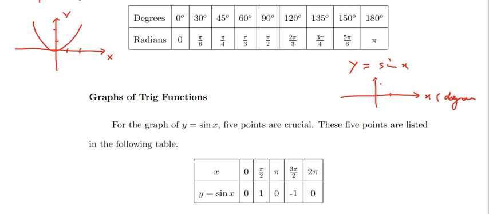Here's 180 degrees, here's 1. Then this graph and the graph of y equals x squared do not have the same coordinates. So we prefer to unify them. We regard trigonometric functions and polynomial functions as almost the same thing, just a mapping from numbers to numbers. For this reason, we prefer radians, not degrees.